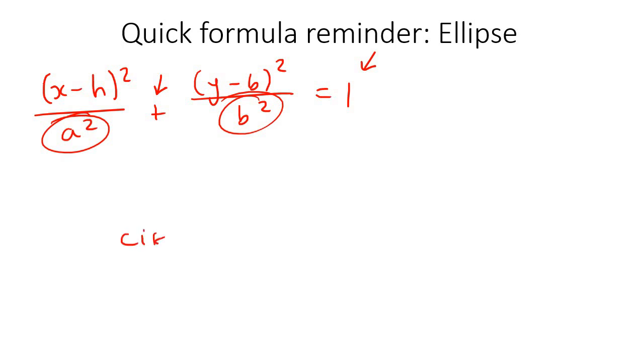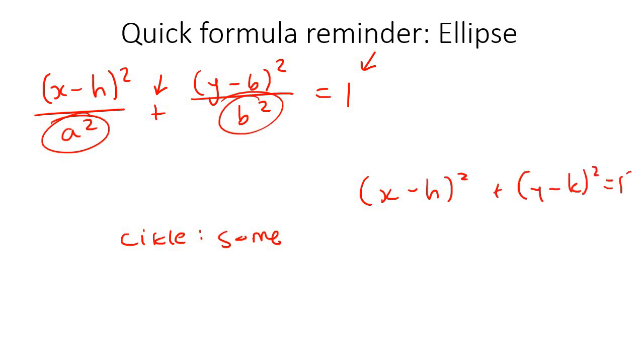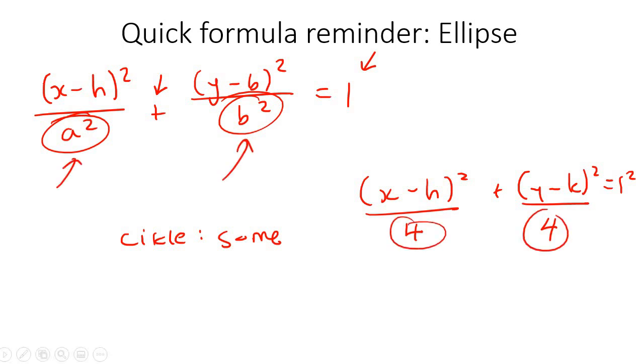With a circle, I want you to think of the same. So x minus h squared plus y minus k squared equals r squared. If there were numbers at the bottom of a circle, these numbers would have to be the same, for example. Okay? If it's an ellipse, then they must be different. And then there must still be a plus for both of them, like that.